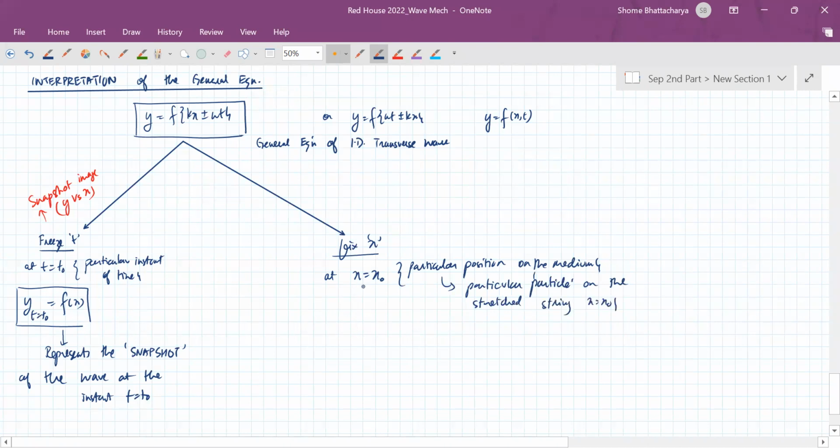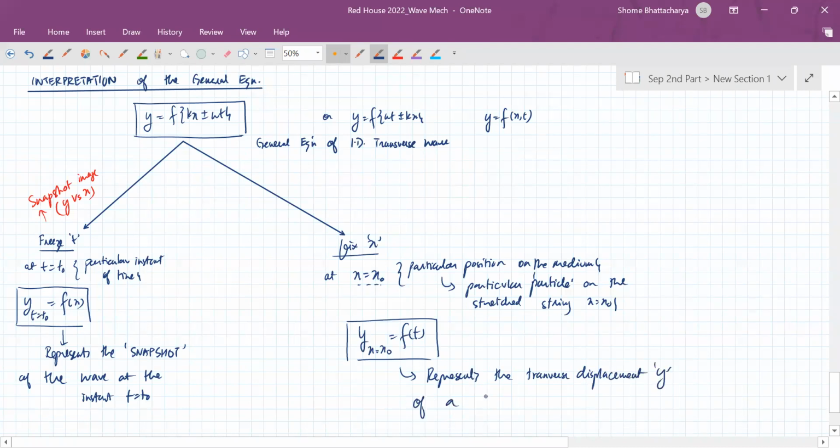So when you fix the value of x as x naught, the function that we have is no longer a function of x, it is a function of time. So this function now represents the transverse displacement y of a particular medium particle.